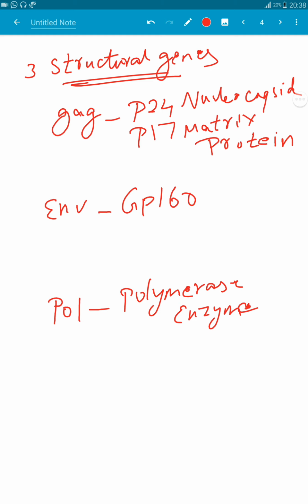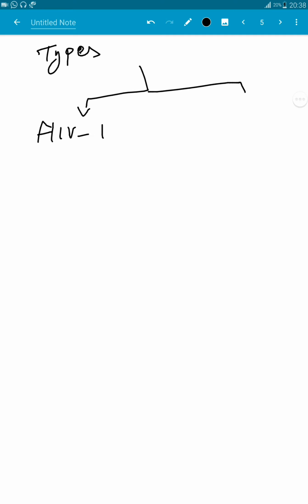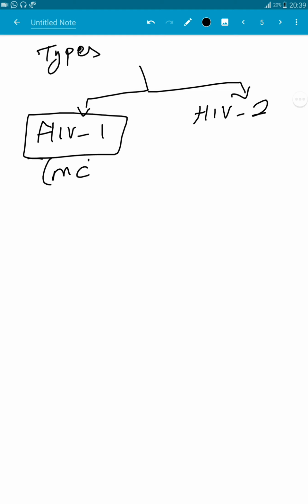Then we can see about the types of HIV. It has two types: HIV type 1 and HIV type 2. HIV type 1 is the most common type, which can be asked as an MCQ, and it has A to K subtypes.